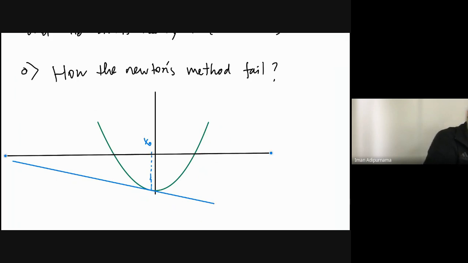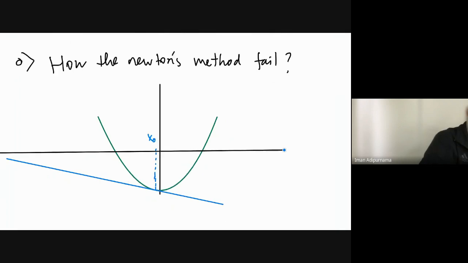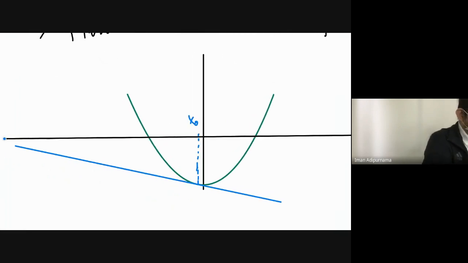If you see from my point of view here, if you take this as your x0, it seems it's too far, and we have x1 here. It seems not to be going anywhere, right? So first, your x0 is too far. That's the problem.